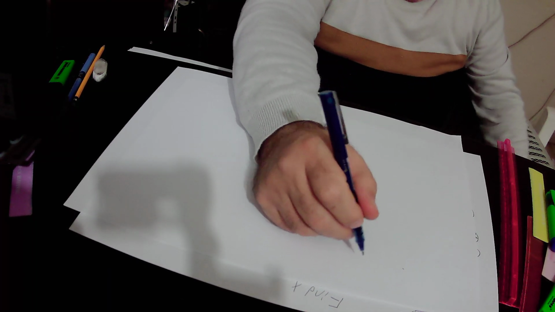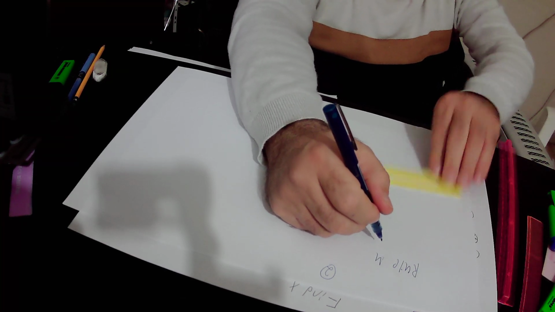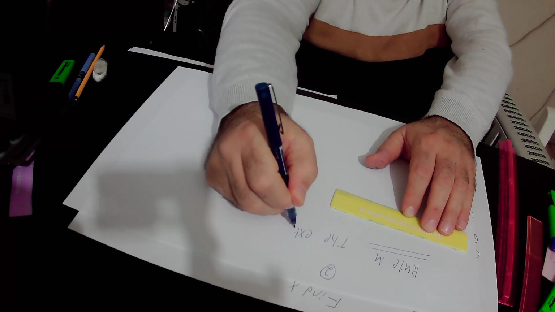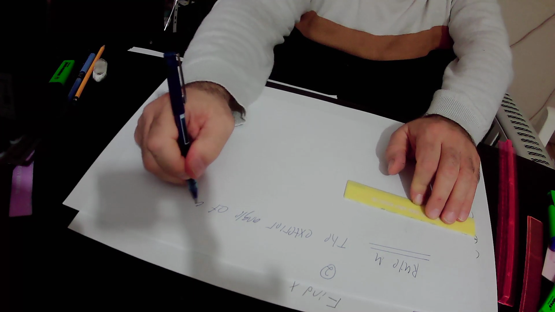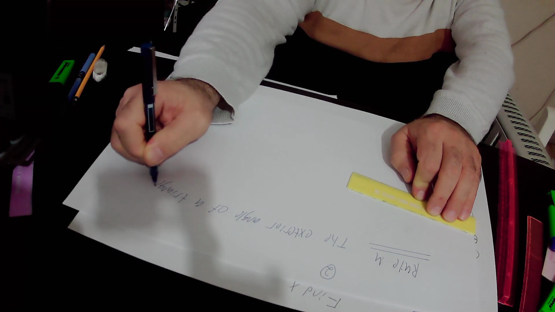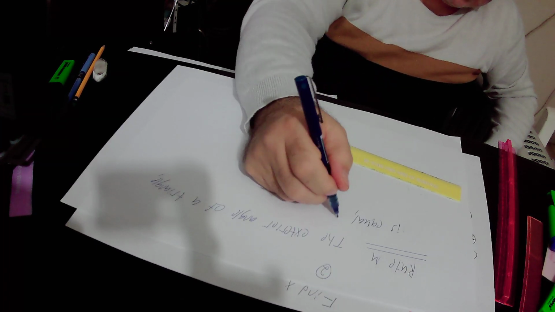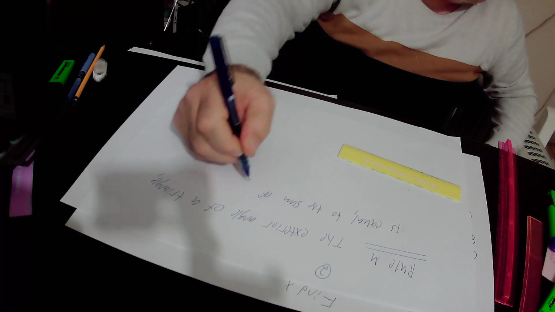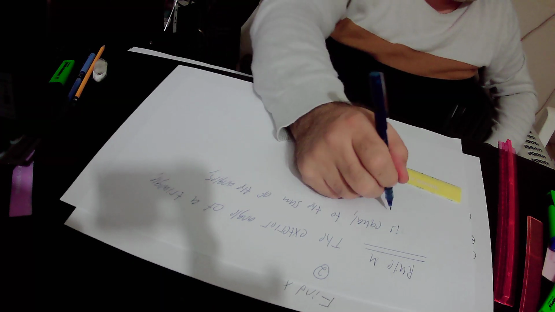According to rule number 4, the exterior angle of a triangle is equal to the sum of the angles that are not adjacent to it.